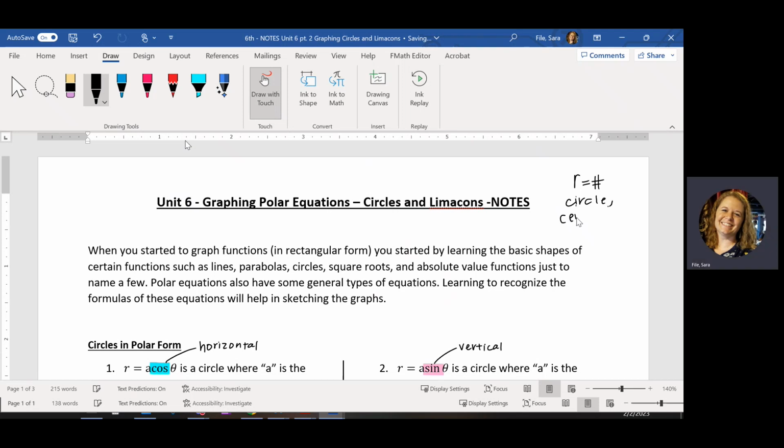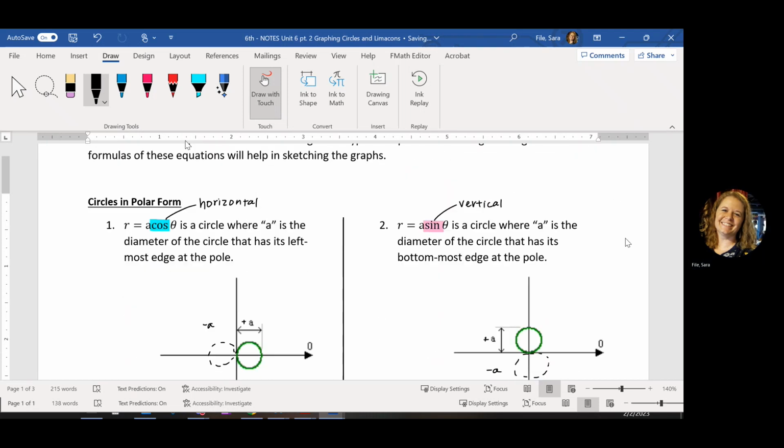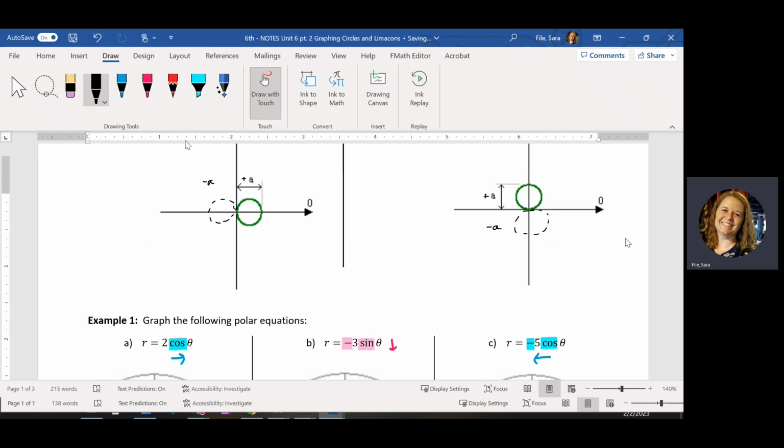But that one is centered at the pole, and the r is the radius. Okay, so that's also a circle. It's centered, it's drawn differently. The pole is the center of this circle, and it's got a radius of whatever this number is. So those are the different types of circles in polar equations.